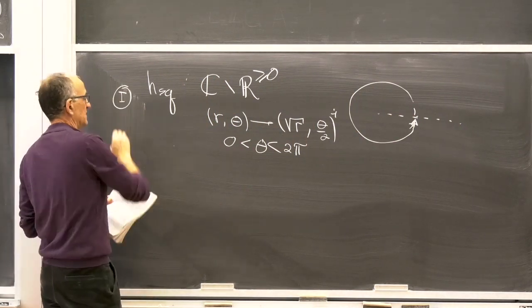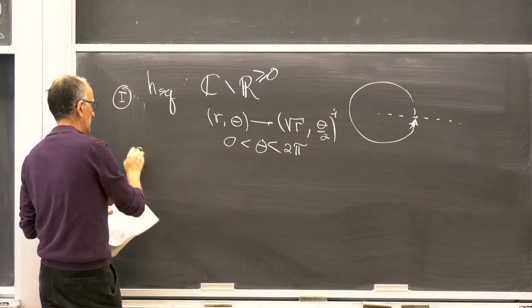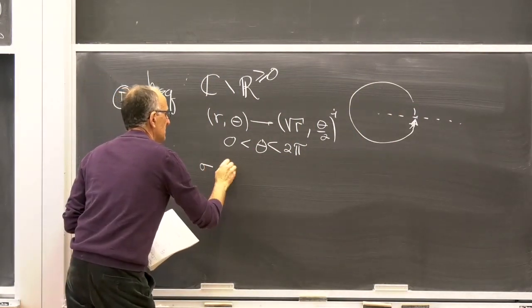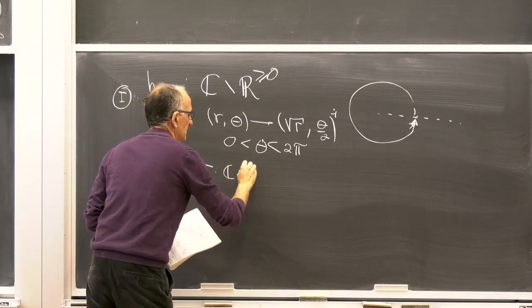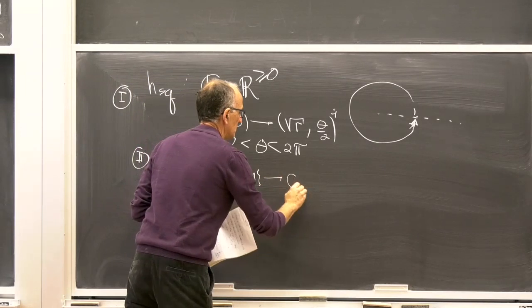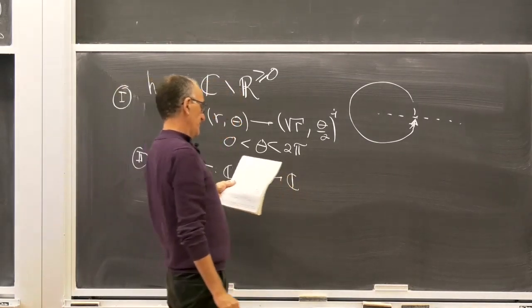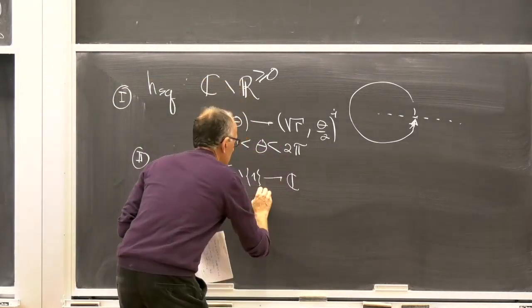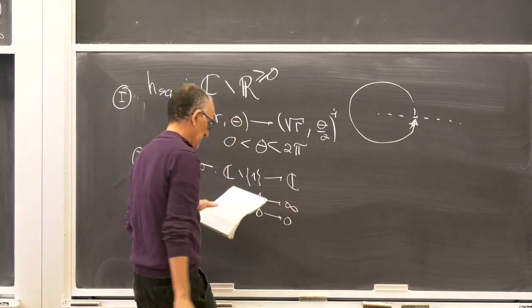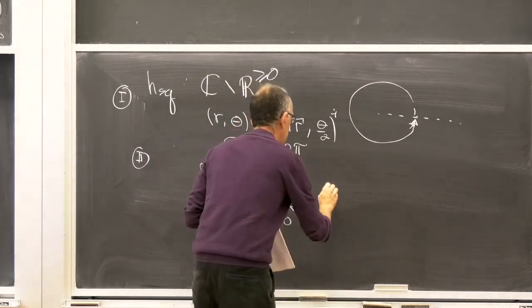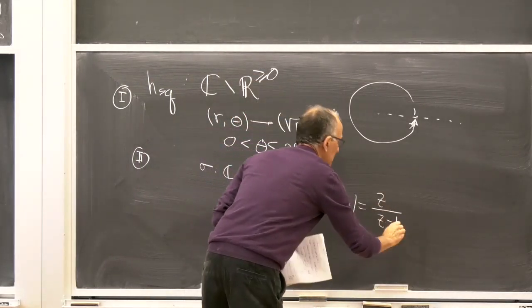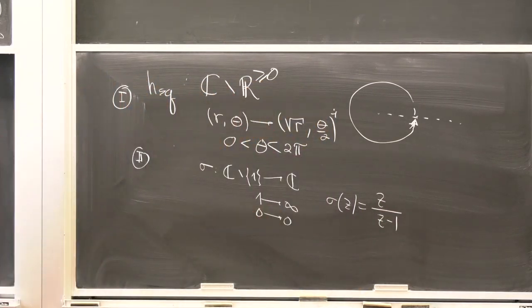And you get a Mobius transformation sigma, defined on C, sending 1 to infinity and fixing 0, for example z over z minus 1.